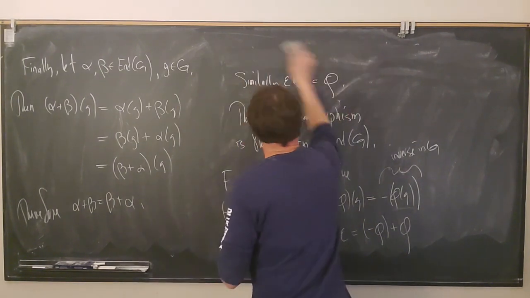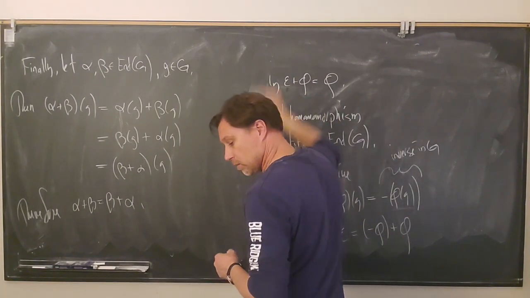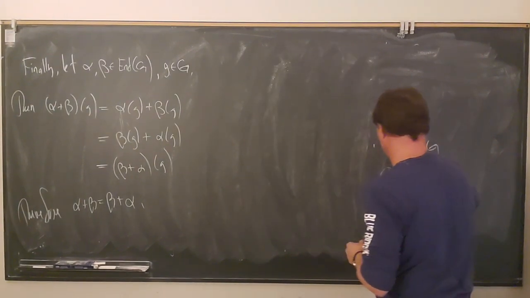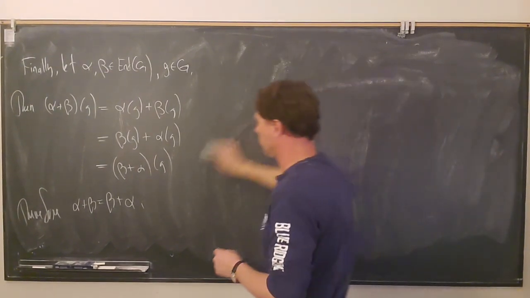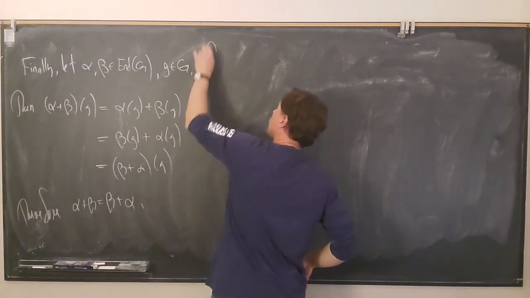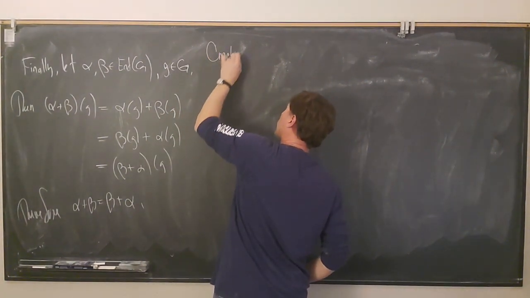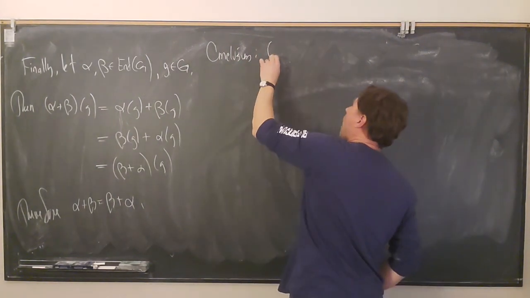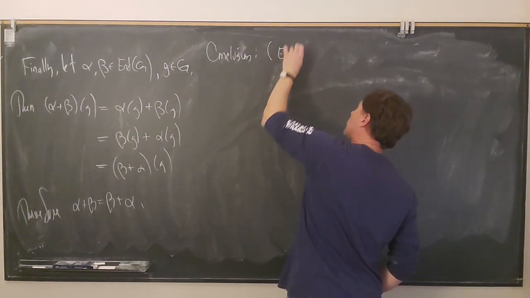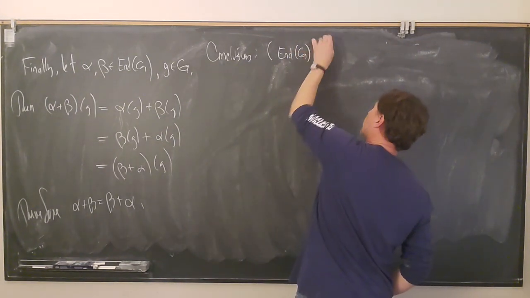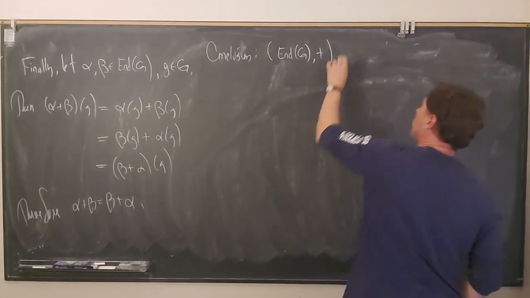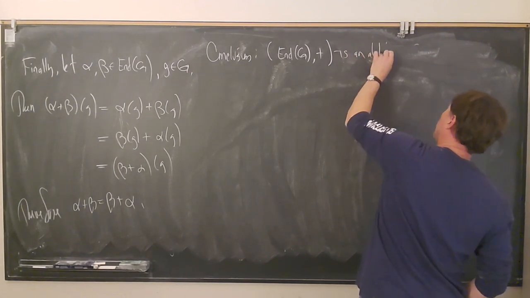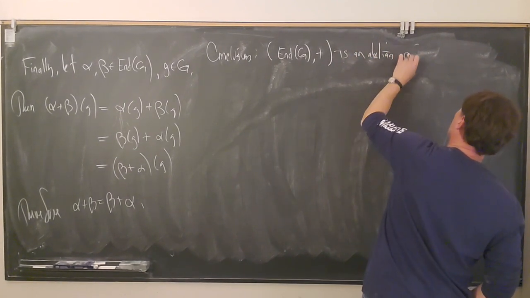So our conclusion: End G, plus, is an abelian group.